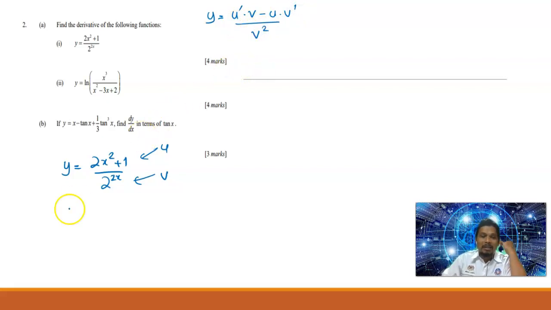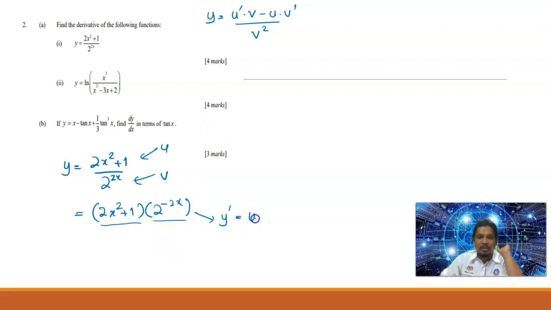Okay, but if we modify this or make some adjustment here, 2x squared plus 1 multiplied by 2 to the power of negative 2x. So this multiplied with this, then dy/dx, or y prime, comes up with u prime multiplied by v plus u multiplied by v prime.